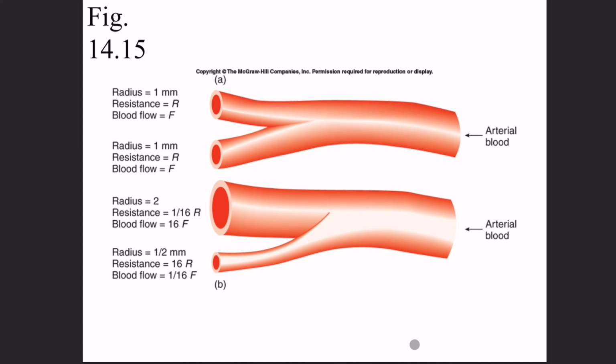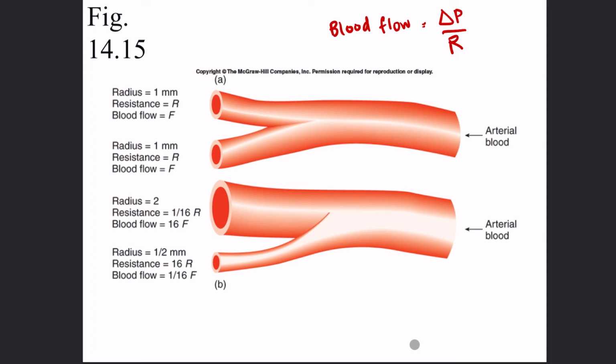So blood flow equals delta P over resistance. And so what this is showing you is 2 different arteries and how the size of the arterioles are going to change resistance and blood flow.